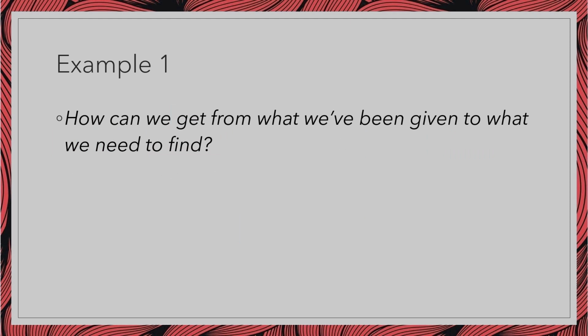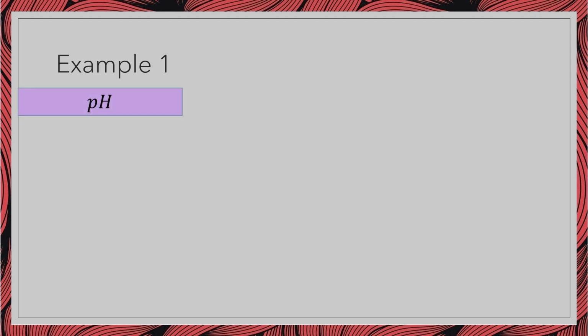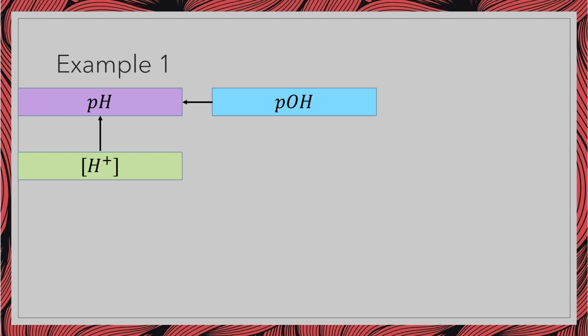Now, how do we get from what we've been given to what we need to find? This is where a flowchart will come in handy. We want to get pH. We get it from hydrogen ion concentration, or from pOH and hydroxide ion concentration.